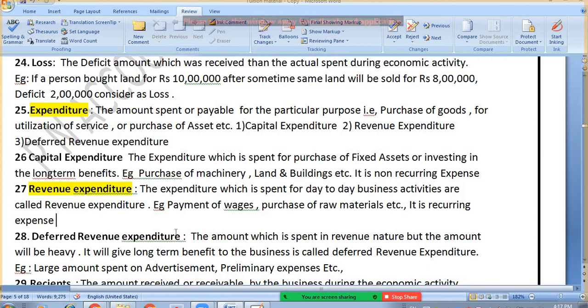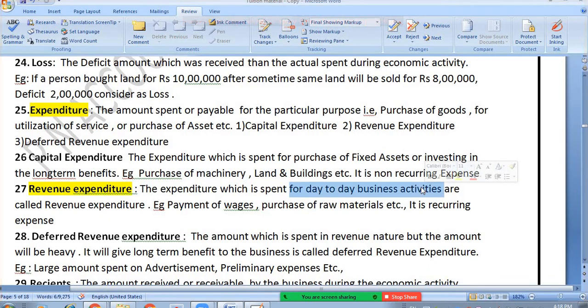Examples: payment of wages, purchase of raw materials, payment of salaries, rent, electricity bill, telephone charges, printing and stationery items, all are considered revenue expenditure. The main purpose of revenue expenditure is the maintenance of day-to-day business activities.